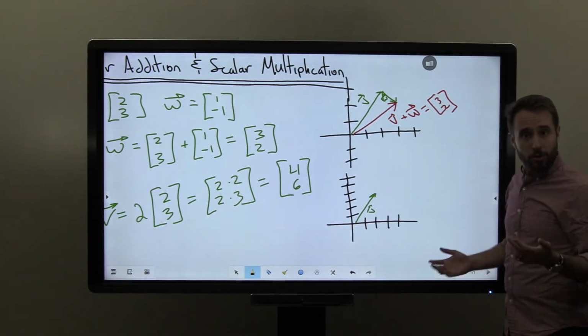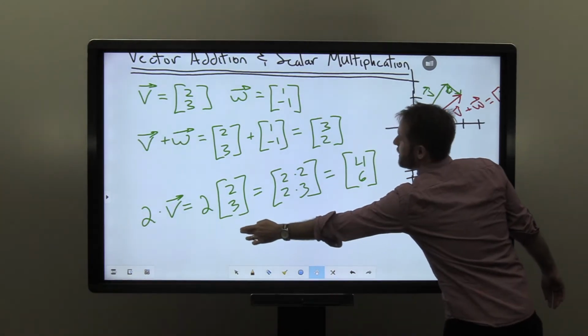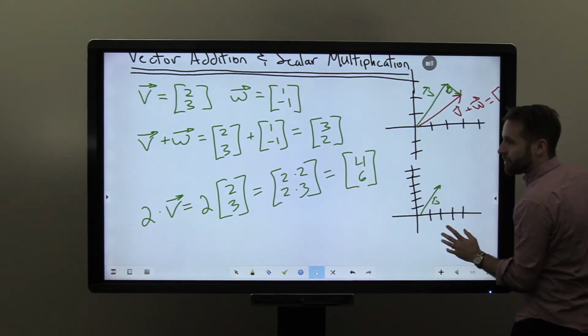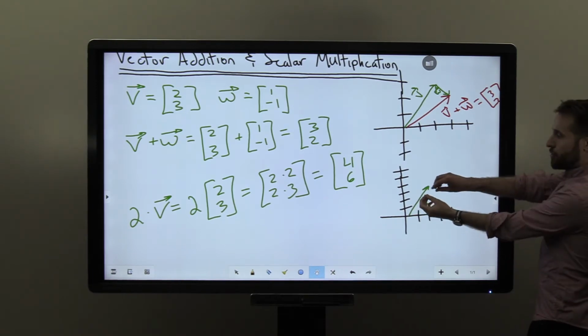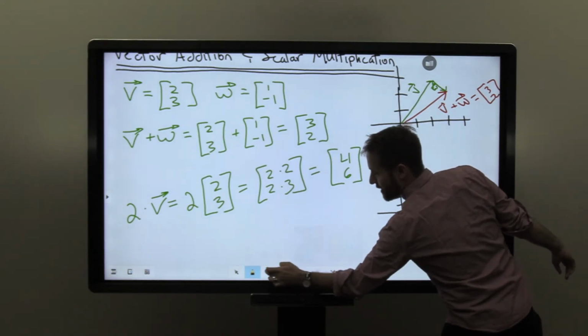Well, 2 times v, what we had previously scalar multiplied, will give us this vector 4, 6. What happens visually is that 2v is literally v stretched by a factor of 2. So it ends up getting stretched all the way up here.